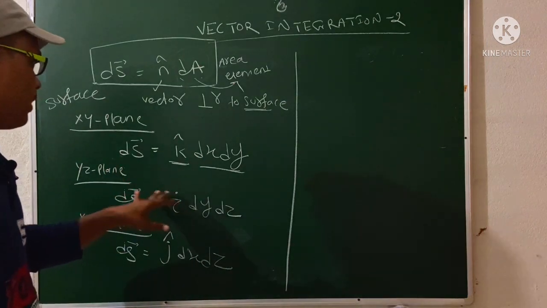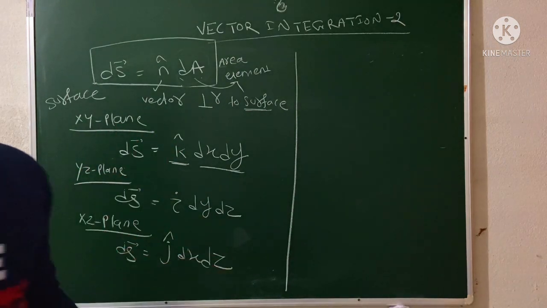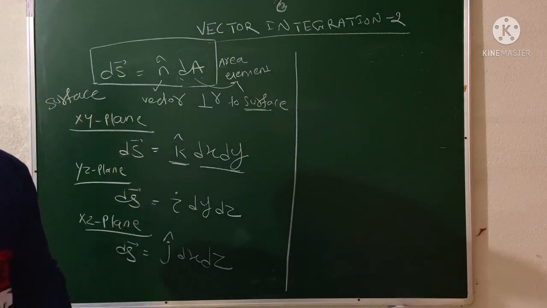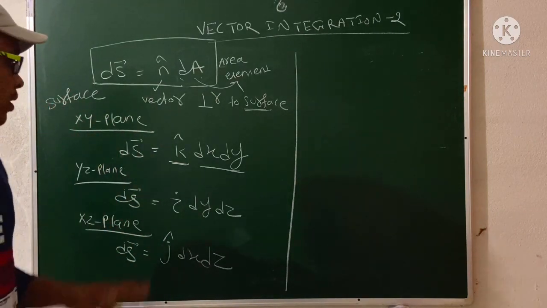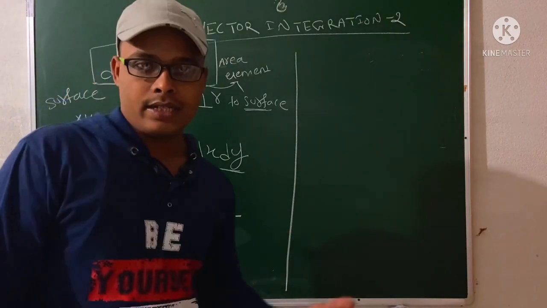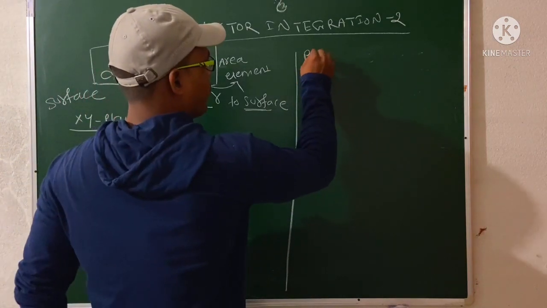If the surface is in the xy plane, then your n cap will be k cap. But there is another method also, because this is a plane actually. If the surface is a circle, a hyperbola, a parabola, or an ellipse, then we need the parameterization. Okay.